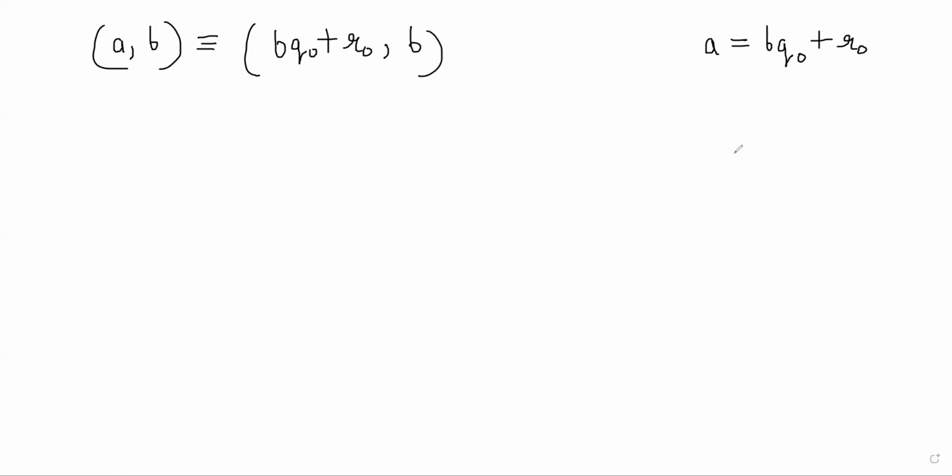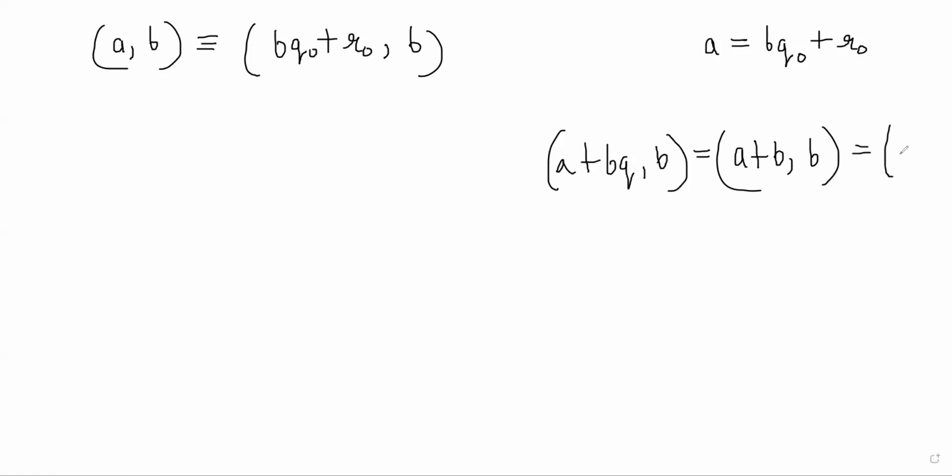And from the previous point that we discussed, we knew that the GCD of A plus BQ comma B is the same as the GCD of A and B. So here, think of this as A plus BQ naught comma B, whose GCD will be equal to the GCD of R naught comma B.